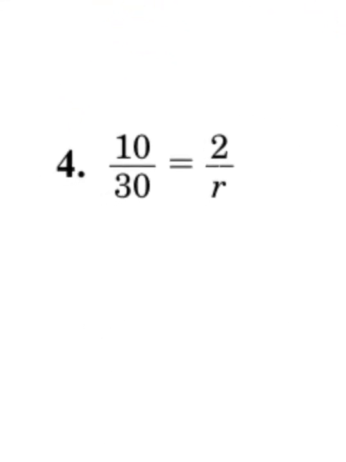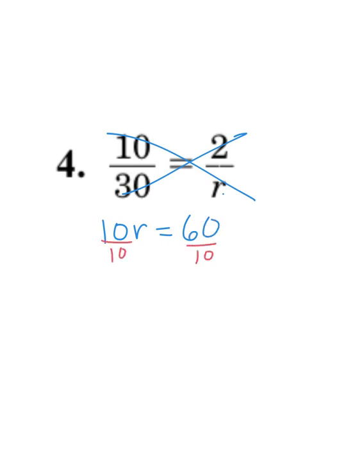Here we go. There's r, 10r. 10r equals 30 times 2 is 60. Divide by 10, 1r equals 60 divided by 10 is 6.